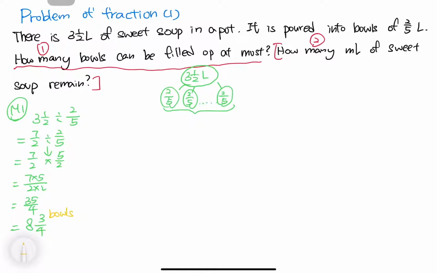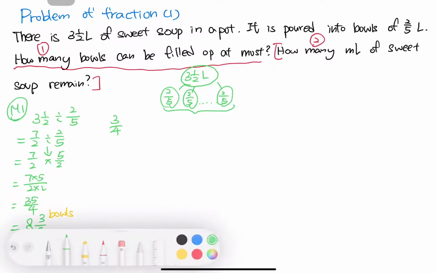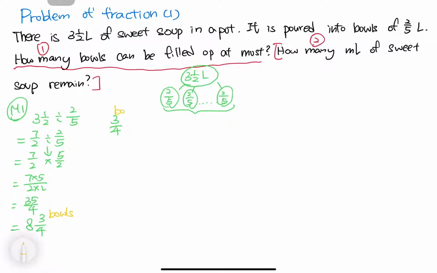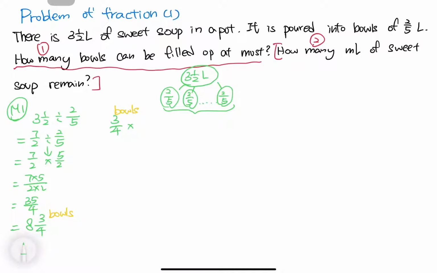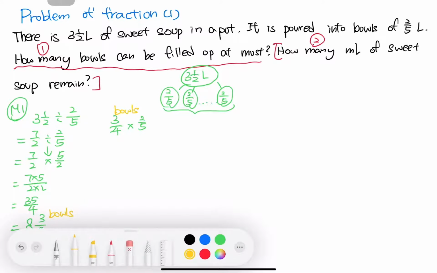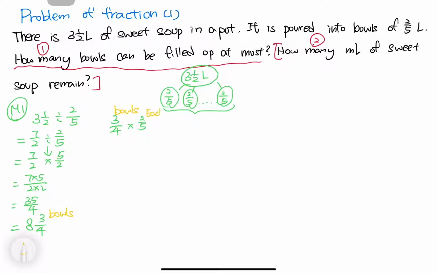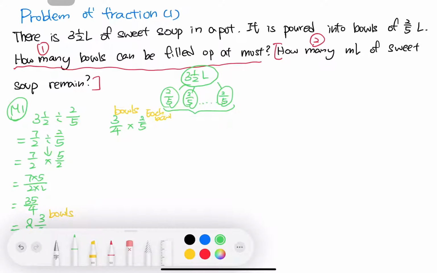We know that there is 3/4 of a bowl left, and each bowl has a capacity of 2/5 liter. So when we multiply them together, we can find out how many liters of soup remain.